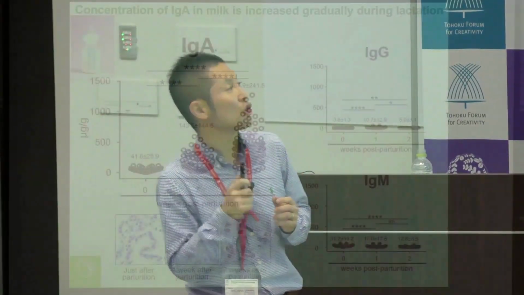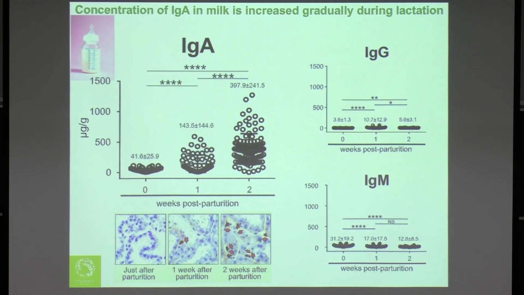So we next wanted to know, if we have IgA-producing plasma cells in the mammary gland, and these populations are essential to produce maternal antibodies, whether we should get a very high level of IgA in the milk. To address these questions, we performed ELISA analysis using milk collected from different stages.